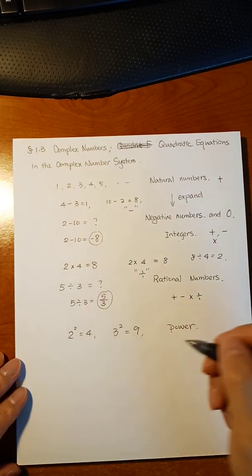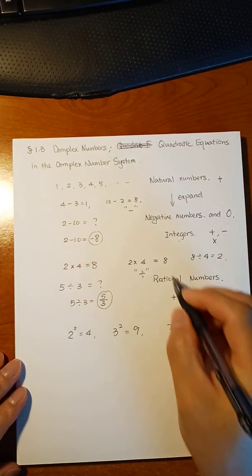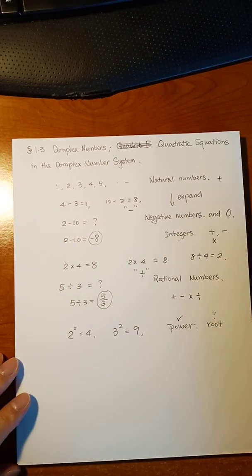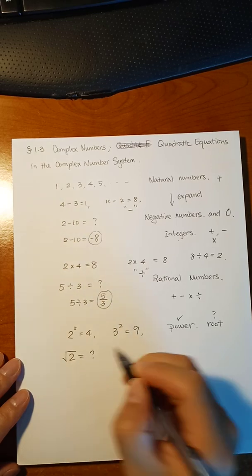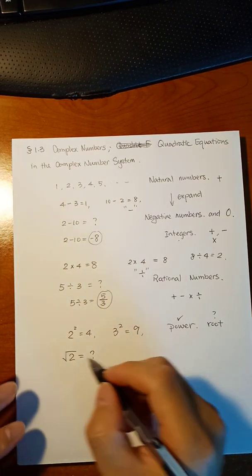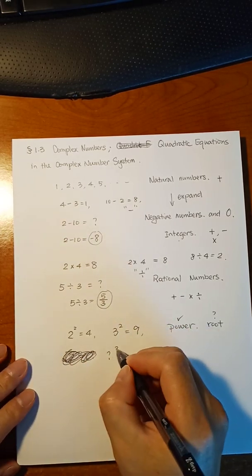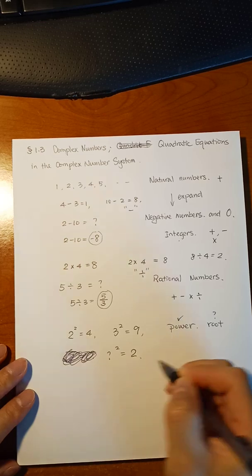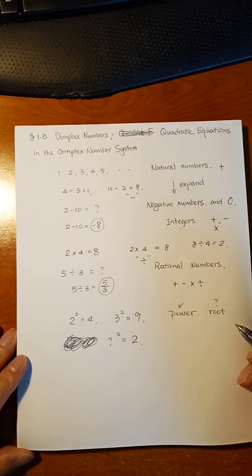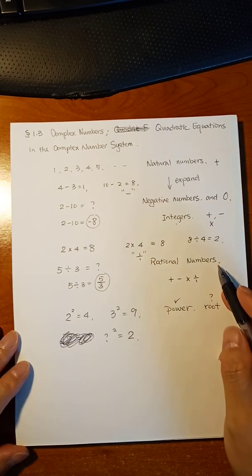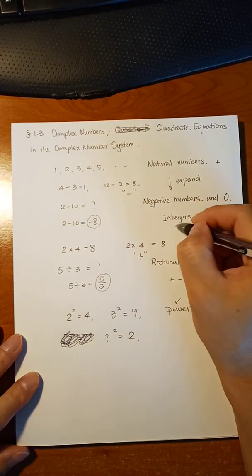And when we have power, we can have root. Power is okay, but root is a problem. What is the square root of 2? Which number's square is equal to 2? And this number is not in the set of rational numbers. So we have to expand again.